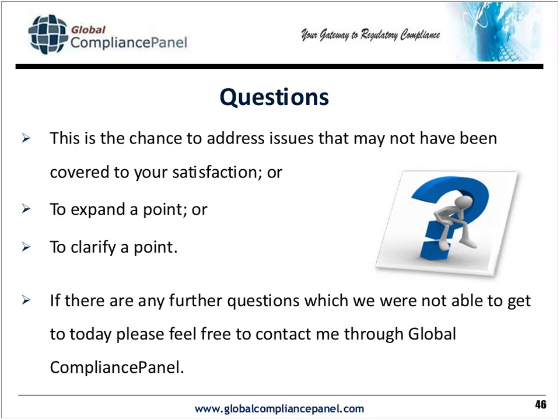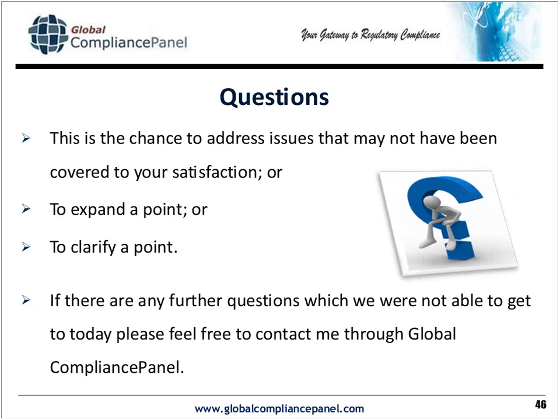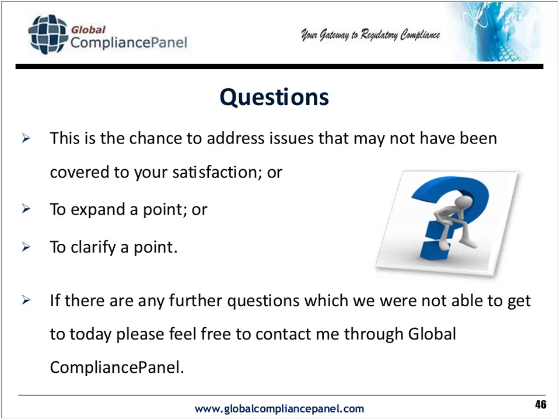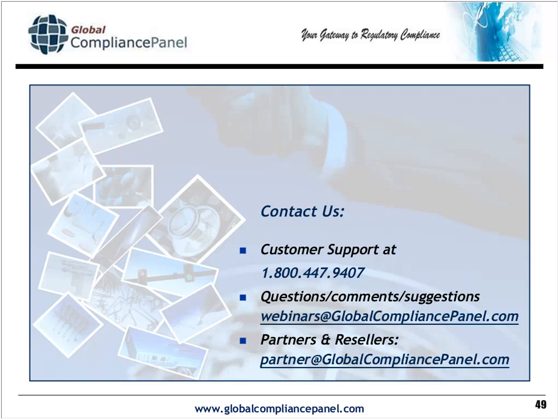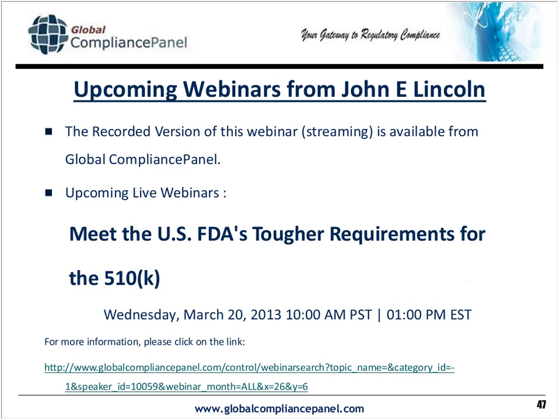Okay, and in the meantime, I'd just like to reiterate not only definitions regarding what we talked about in terms of the design history file, technical file, dossier, design dossier, but also definitions regarding verification, validation, qualification, etc. IQ, OQ, PQ, if you're using that.